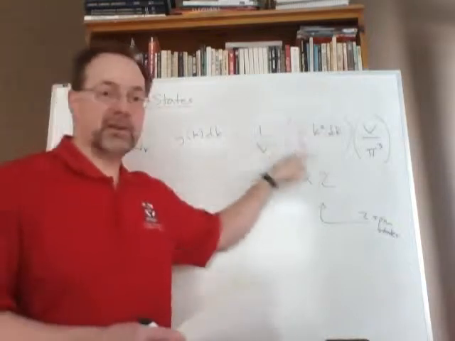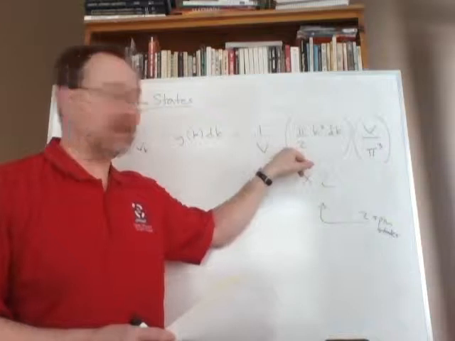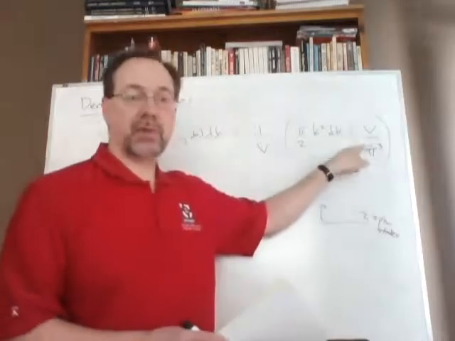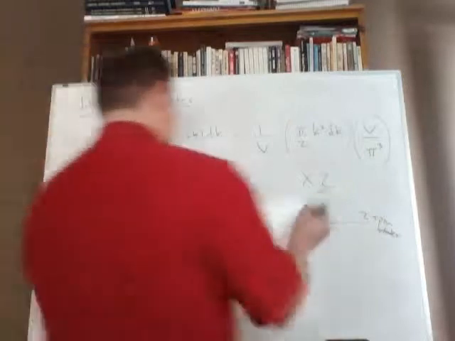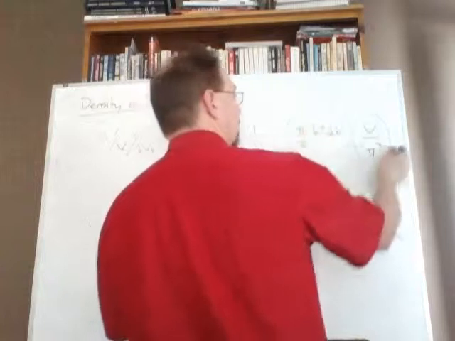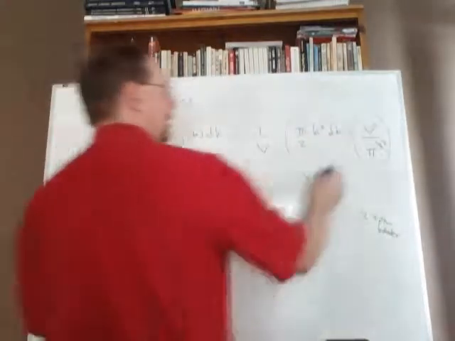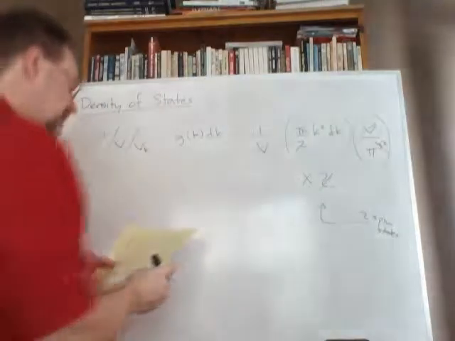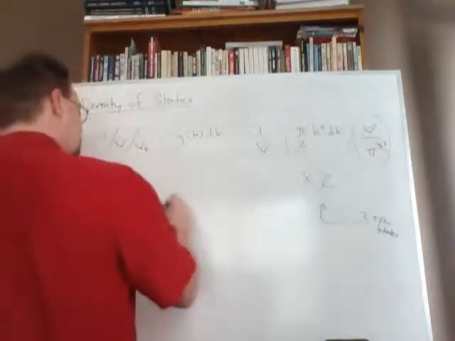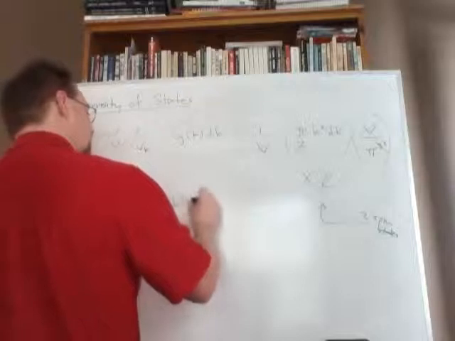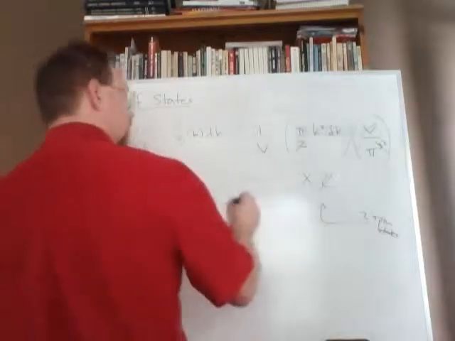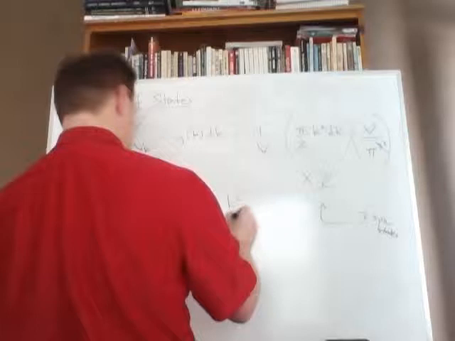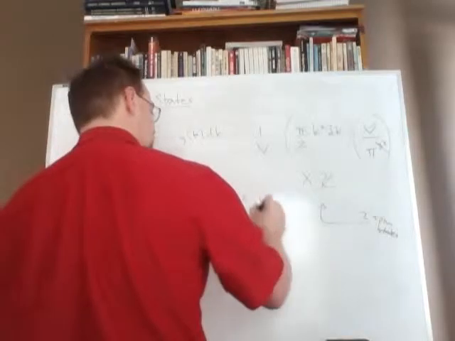Here's the differential volume for a given value of K, and here's the number of states per unit volume in K space. And we do a little bit of algebra here, and a pi cancels, volume cancels, kind of nice there. We have 2 canceling with 2 there, and we get g of k dk is equal to k squared over pi squared dk.